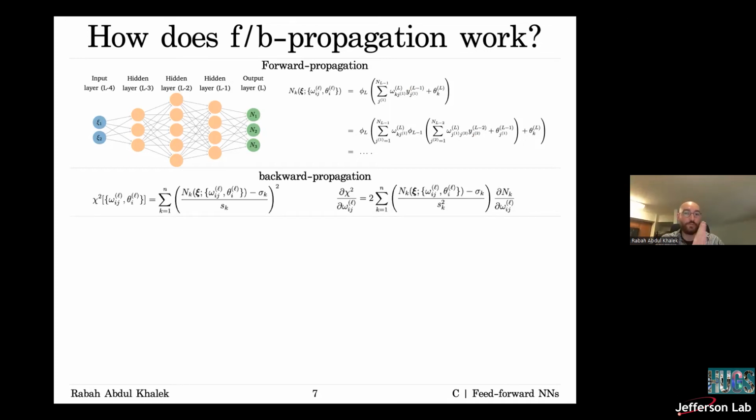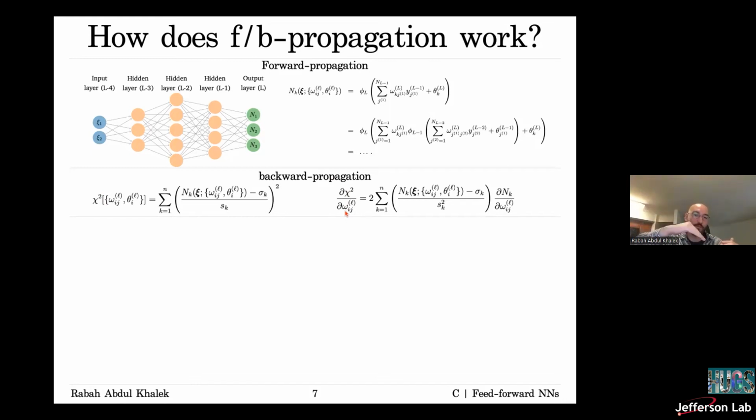And so the forward propagation gives you the function to evaluate the neural network output, but to make the neural network learn from data, you would use backward propagation. For example, if you're trying to minimize a chi-squared, you're trying to basically find the derivative of this chi-squared with respect to the weights, because you're trying to find the minimum.